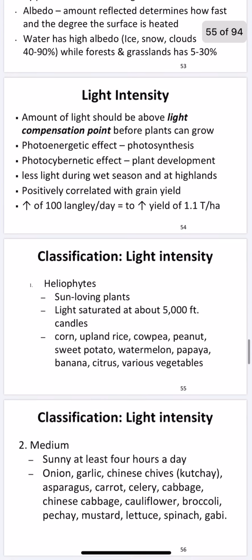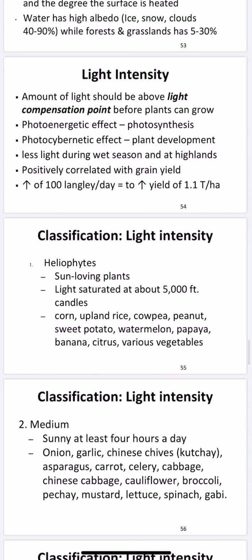So the amount of light should be above the light compensation point before plants can grow. So plants are therefore classified based on light intensity. So in terms of effect to plants, they can also be photoenergetic, which means for photosynthesis, and photocybernetic when it's for plant development.